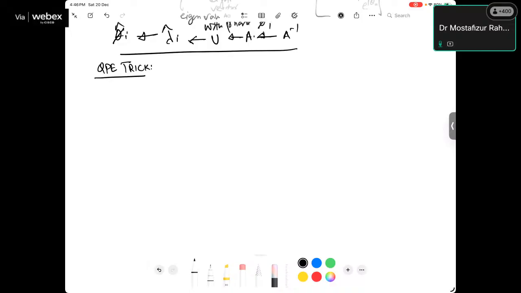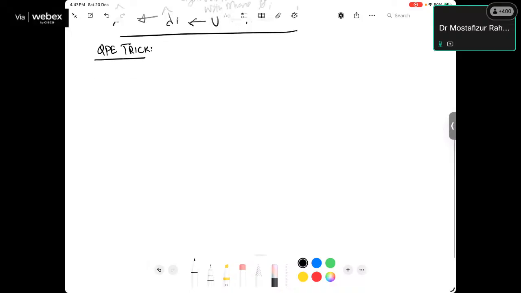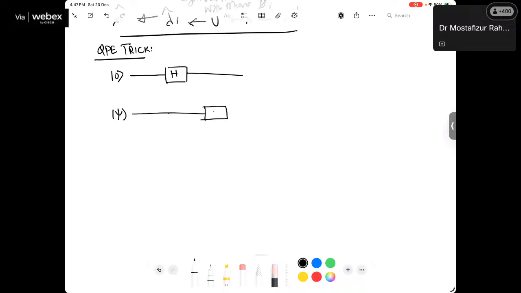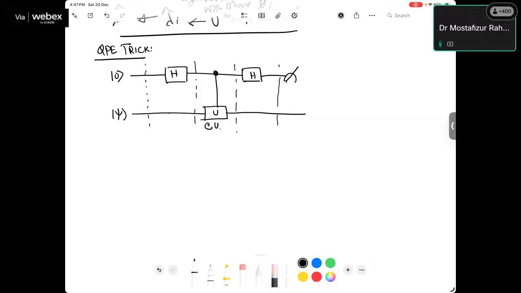So let's draw a circuit with me. This is a controlled U operator, CU operator, controlled unitary operator.